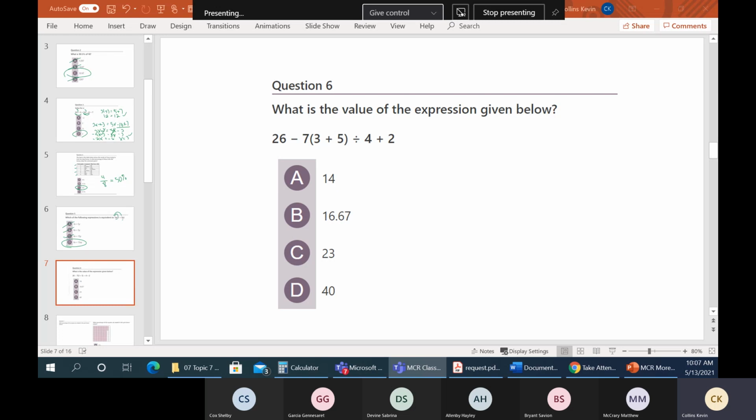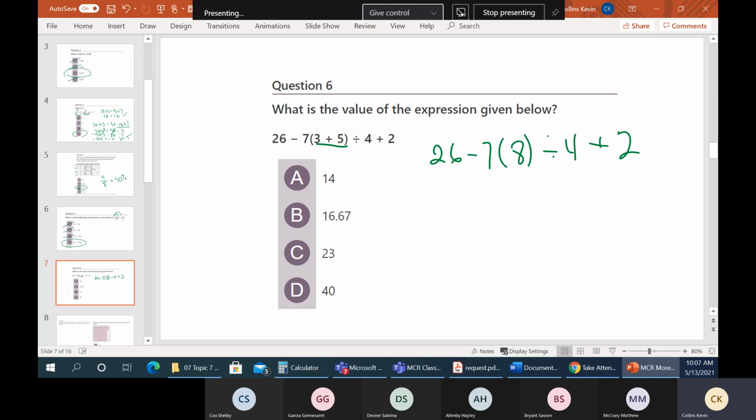All right, so this again is order of operations, so we'll start with the parentheses, right? So we got that, so we're going to have 26, then minus 7, and now times 8, divided by 4, and then plus 2. All right, so we took care of the parentheses.